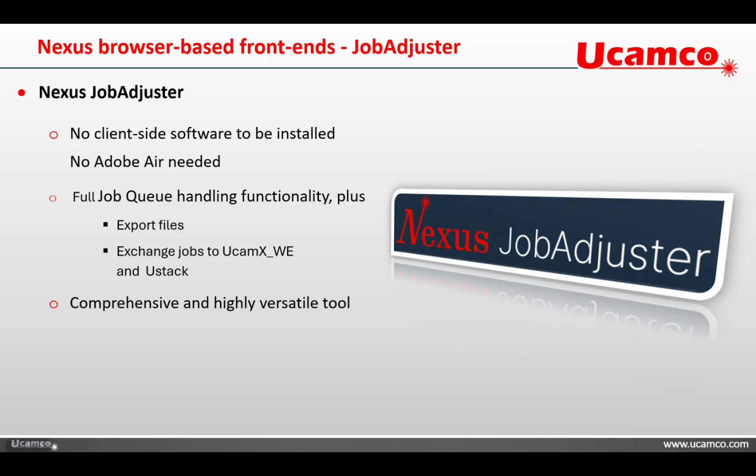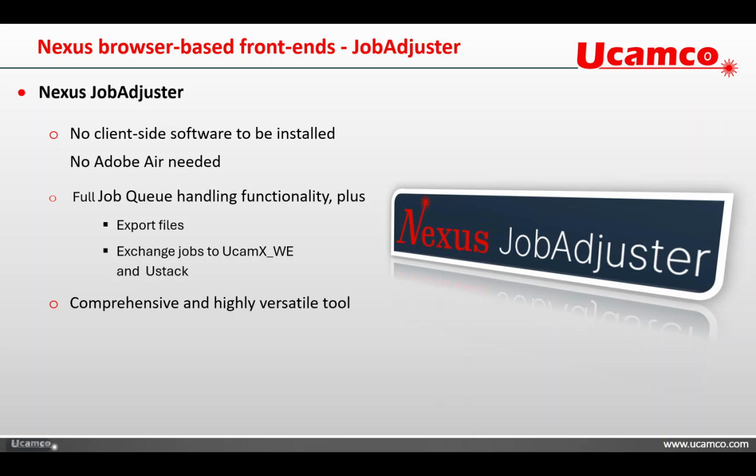When a job is processed, at the end this export happens automatically. But you also have this extra functionality where you can, on demand, re-output this data. This is what we call the export of the files. So this is something that sits in JobAdjuster as well and not in Job Manager.